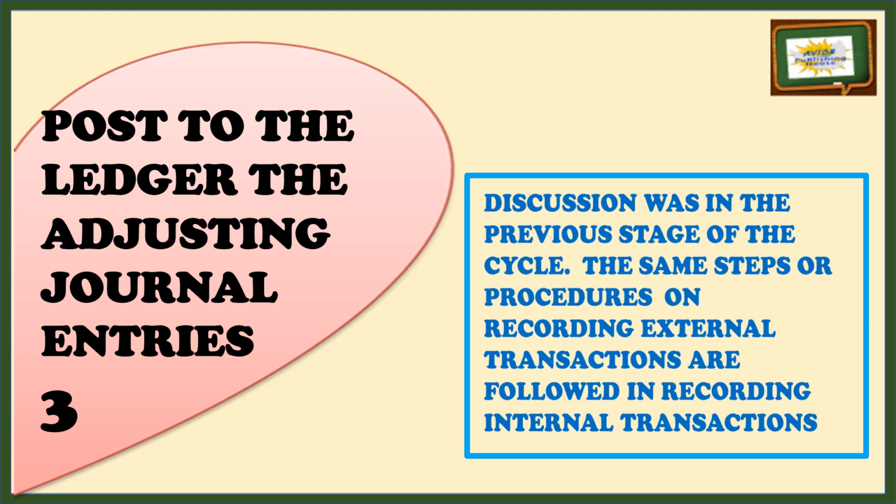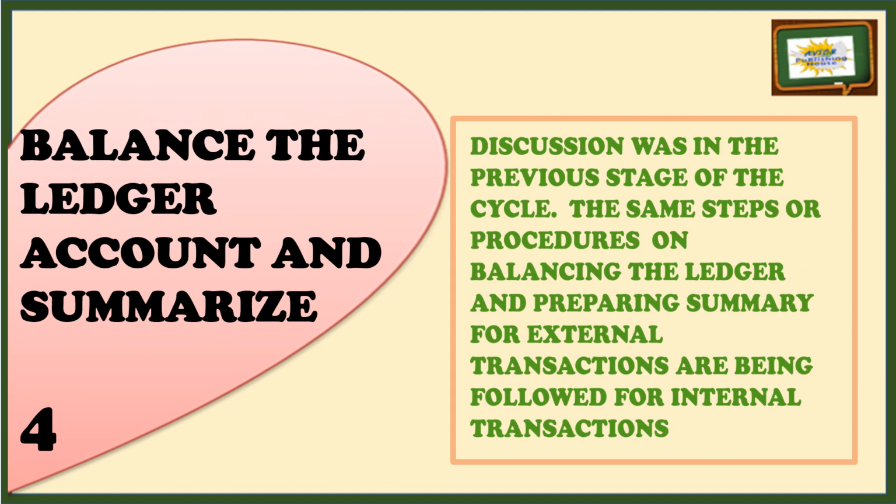The same steps on recording external transactions are followed in recording internal transactions. So we're going to journalize, then post to the ledger, balance the ledger accounts, and prepare a summary. This time the summary will become the adjusted trial balance.